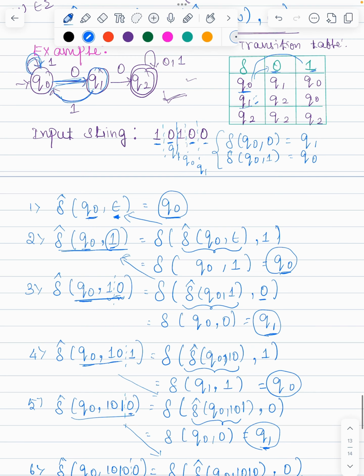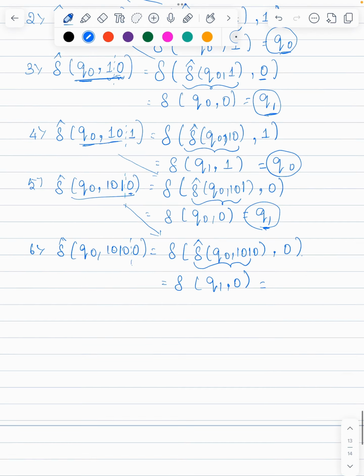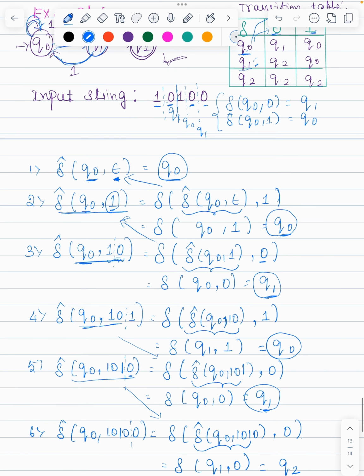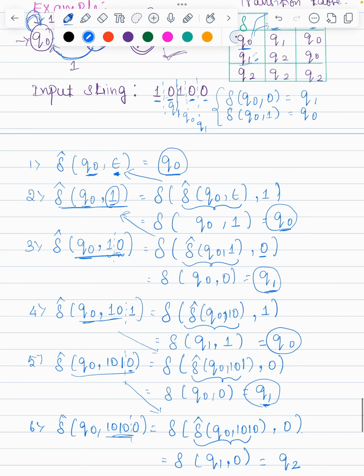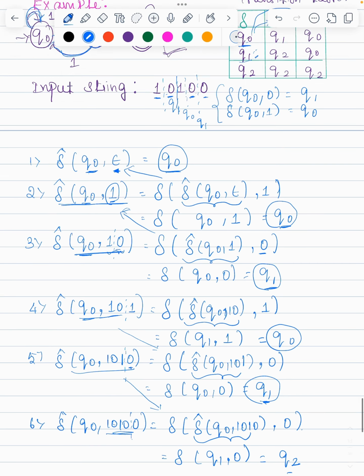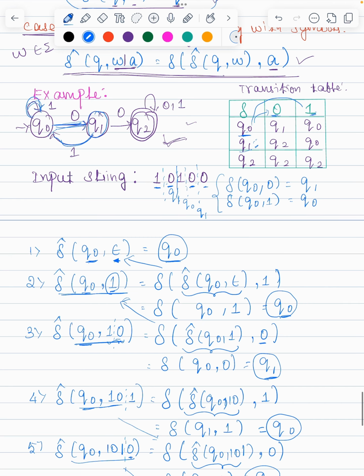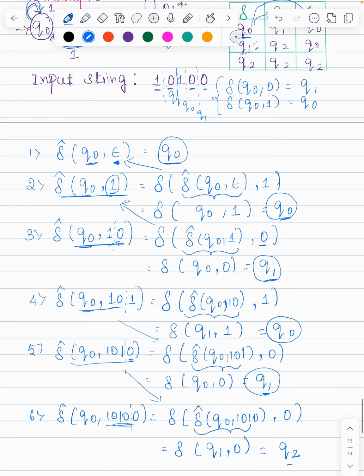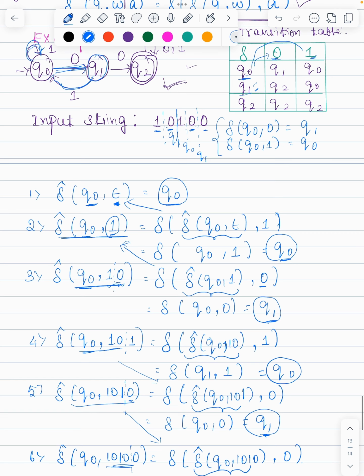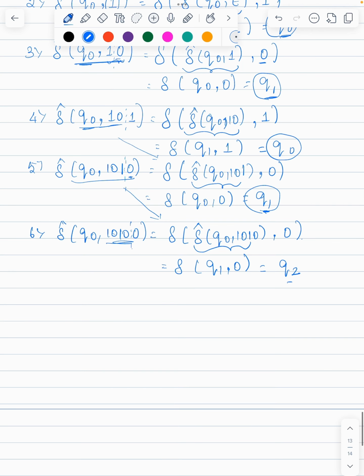Look at the transition table, Q1 comma 0 ends up with the state Q2, which means after processing 10100 we'll end up with the state Q2. Check it. Yes, if you look at the diagram, it is ending up with the state Q2, which is the final state, the accepting state, and there is no more input string to read. So we would end up here, and if you check, yes, we are ending up with the final state.